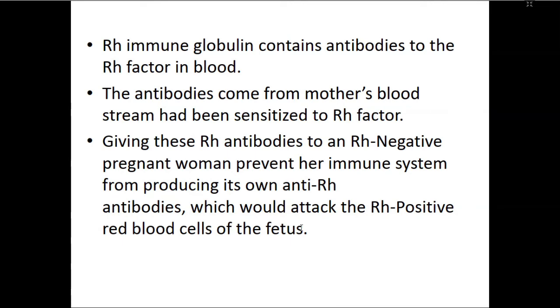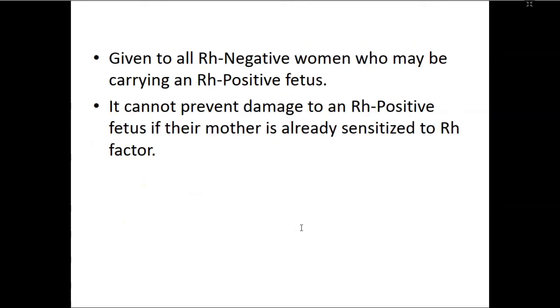It is given to all Rh negative women who may be carrying an Rh positive fetus. It cannot prevent damage to an Rh positive fetus if the mother is already sensitized to Rh factor. So this is the main statement and main disadvantage. Basically, if a mother is already sensitized to Rh factor, so there are circulating antibodies against that Rh positive blood.